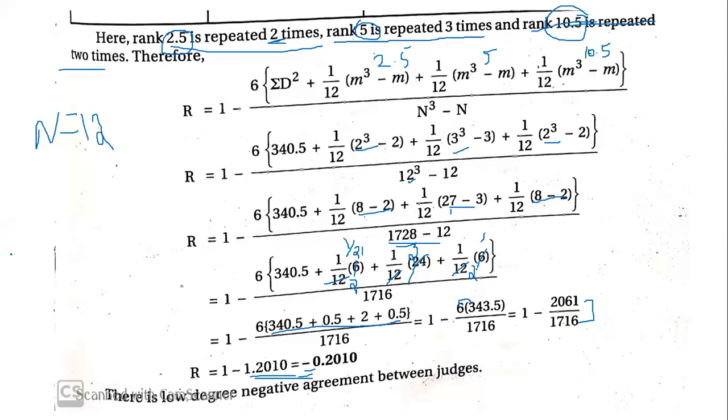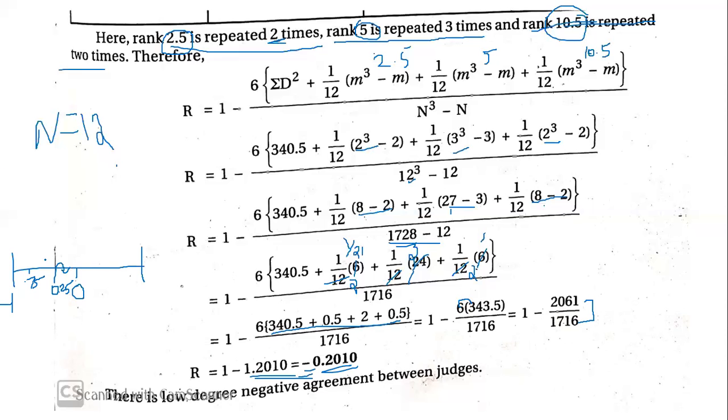Now, to understand where this lies, it is on the negative side, that is minus 1, and you have a 0 here. First is 0.25 and then you have 0.75. And how much is the value here? 0.20. 0.20 means it is even before 0.25, which means it lies in the low degree correlation.